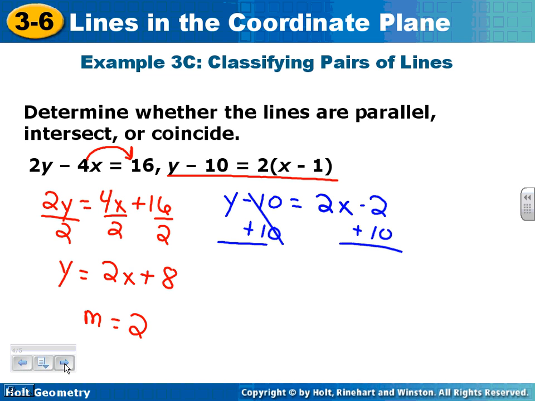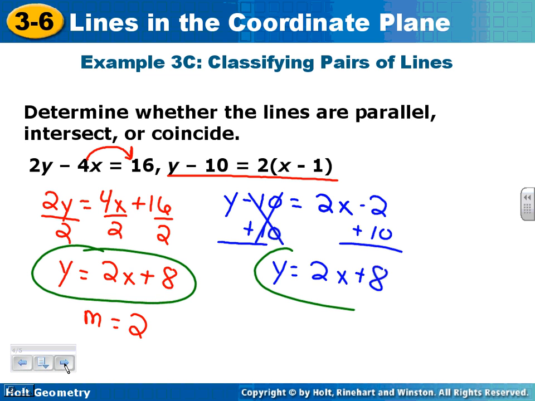That gives me y is 2x plus 8. Notice that they are the same exact equations, 2x plus 8. So my answer is coincide, which means they're the same line.